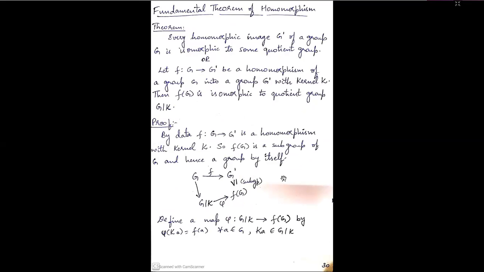Now let us look at one of the very important theorems, the fundamental theorem of homomorphism. This says that every homomorphic image G' of a group G is isomorphic to some quotient group. I can also write this as: let f from G to G' be a homomorphism of a group G into a group G' with kernel K, then f(G) is isomorphic to the quotient group G/K.